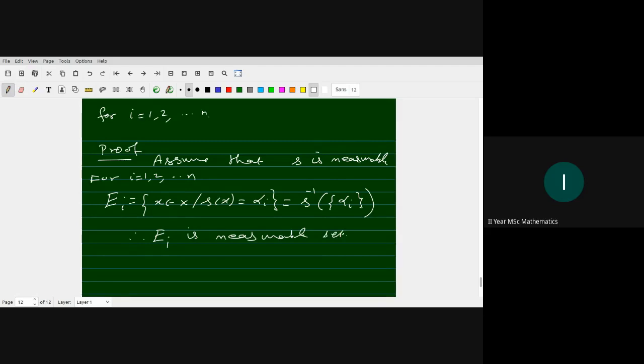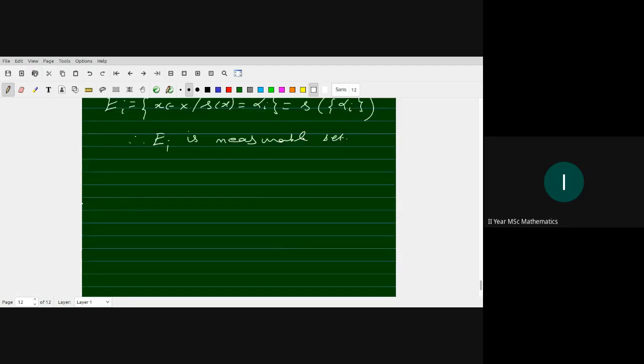Conversely, assume that E_1, E_2, ..., E_n are measurable. Then we have to prove that the inverse image of open sets is measurable.